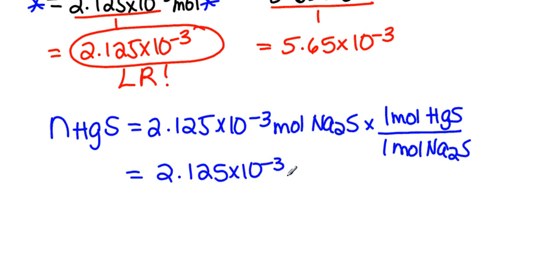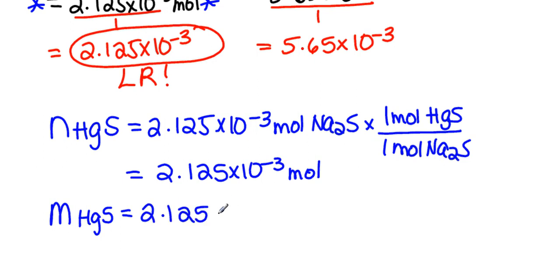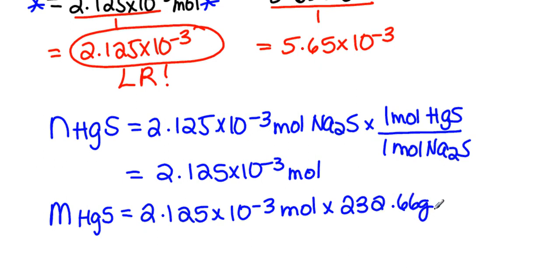And then again, the same final step. Once I have the moles of my product, I need to change it into mass of product. So I'm going to take my moles from the previous calculation and multiply it by my molar mass of mercury 2 sulfide, which should be about 232.66 grams per mole.